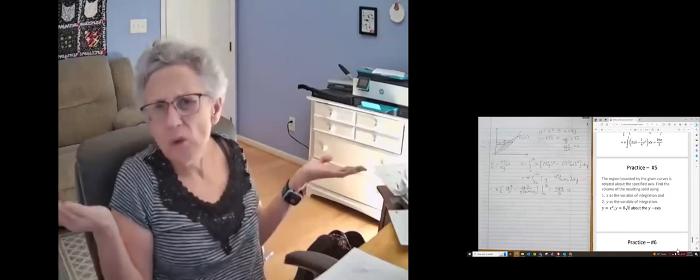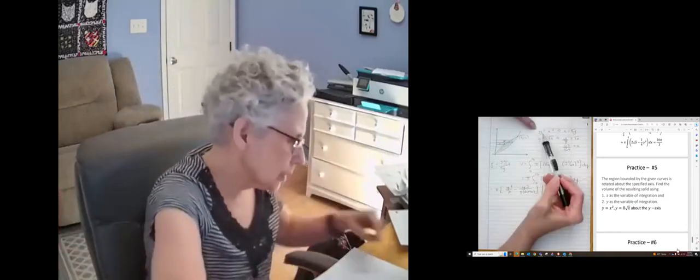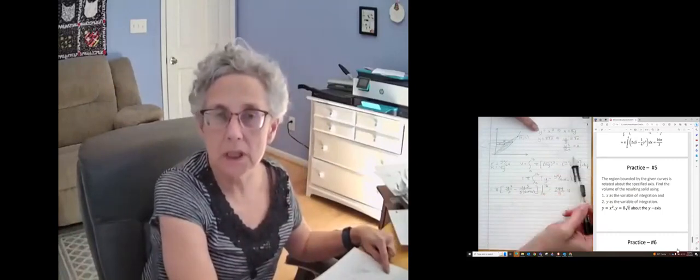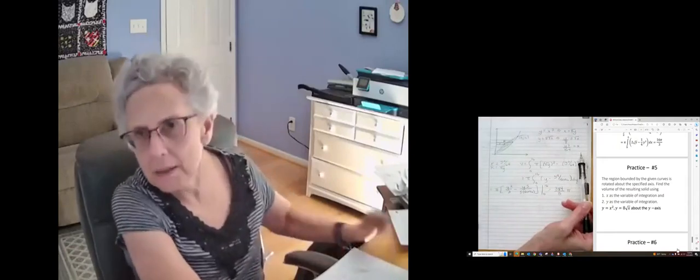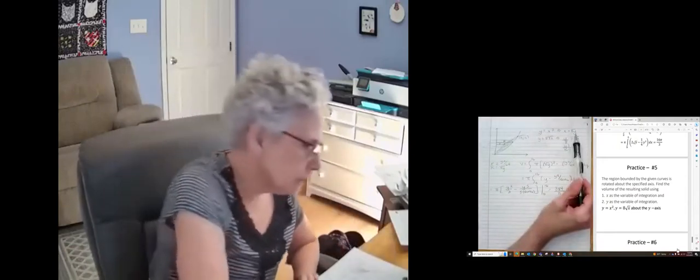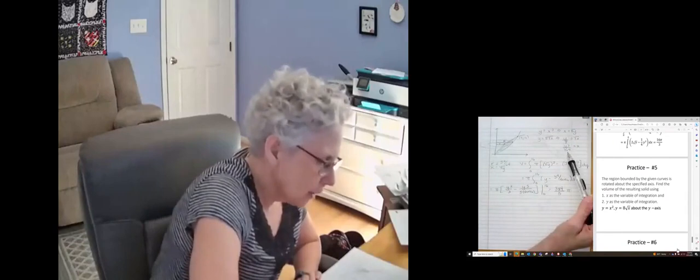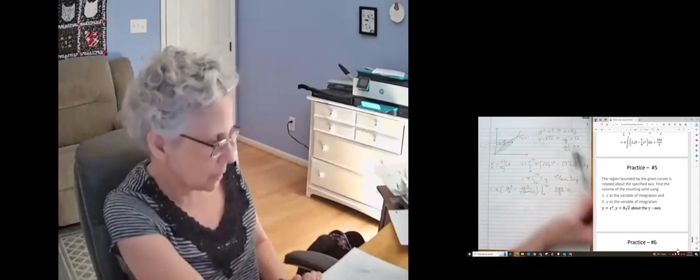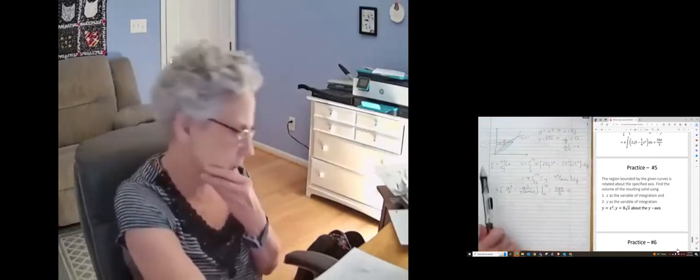And again, it wasn't really hard. You just had to rewrite your functions with y's in them instead of x's. So we have the square root of y, and we have y squared over 64 because we divided both sides by 8 and then squared both sides.